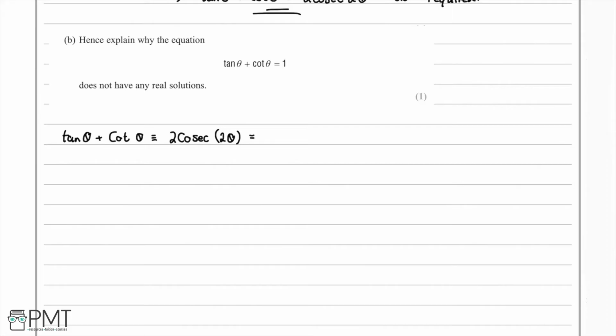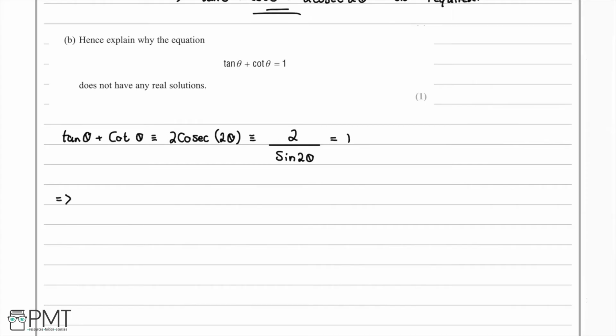And we recall, going back one step previously, that this was equivalent to 2 divided by sine 2 theta. And we're being told that this is going to be equal to 1. So what we now need to do is rearrange this and see why there may not be any real solutions.